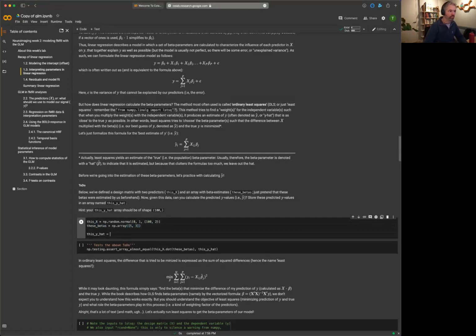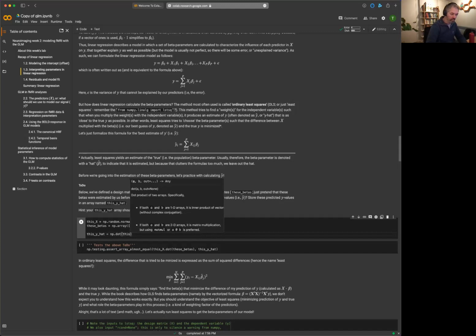Usually what you do is this literal sum where you go over j's and multiply x's and betas, but we won't. We'll just do numpy dot, which is implementing exactly that.